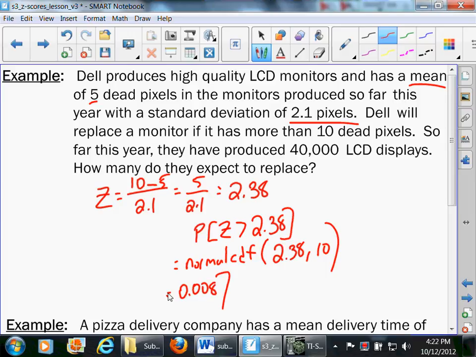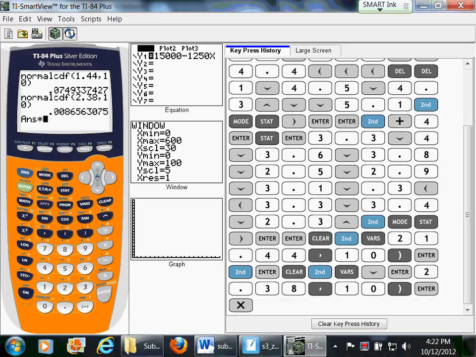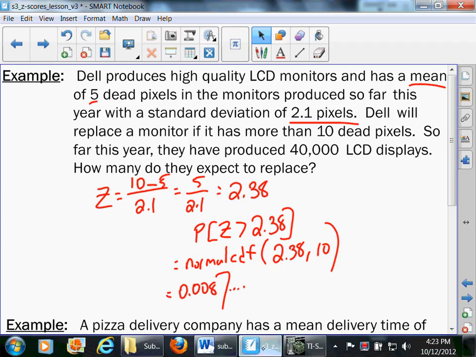So how many do they expect to replace? Well, it's going to be that times 40,000. The great thing about the graphing calculator is you can just go times, and it'll take your answer and automatically multiply it by 40,000, and we're going to get 346.25.